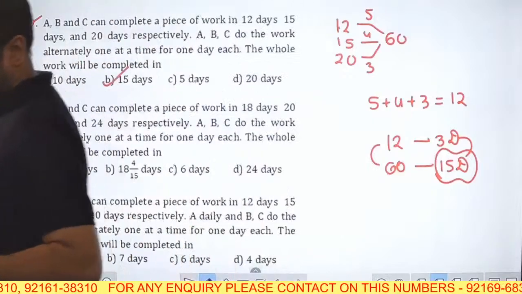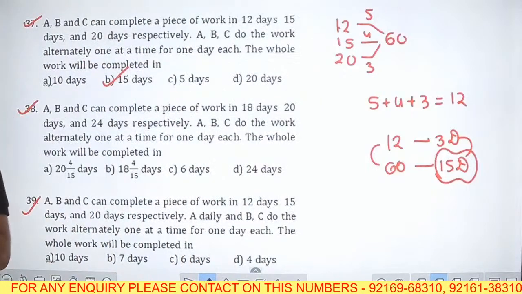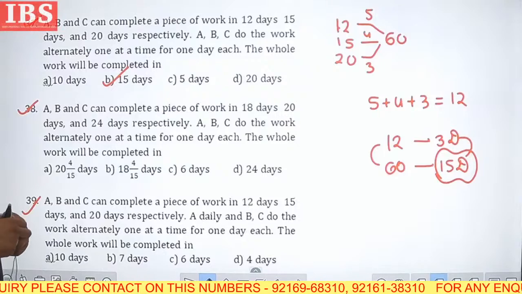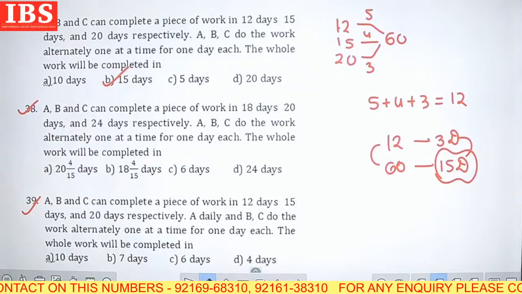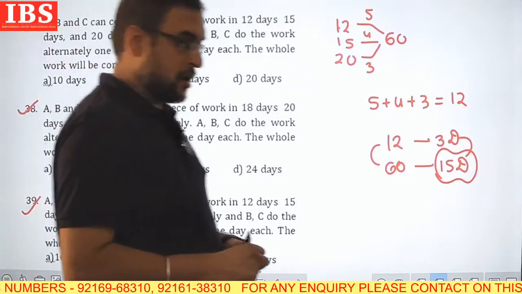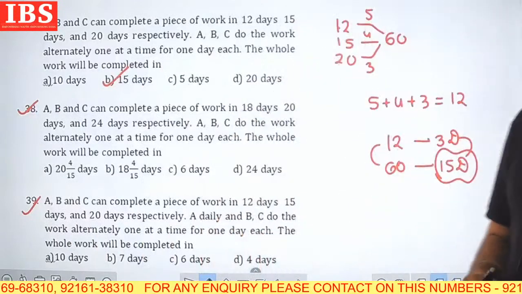Okay, so do it fast. 37, 15 is right. Now do the 38 and 39 questions. Complete these 2 questions so that we can go on to the next type of question.